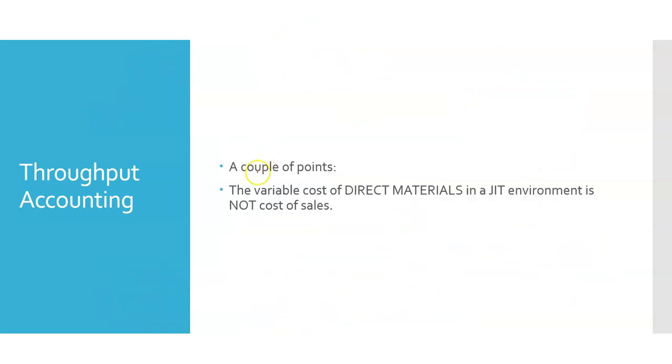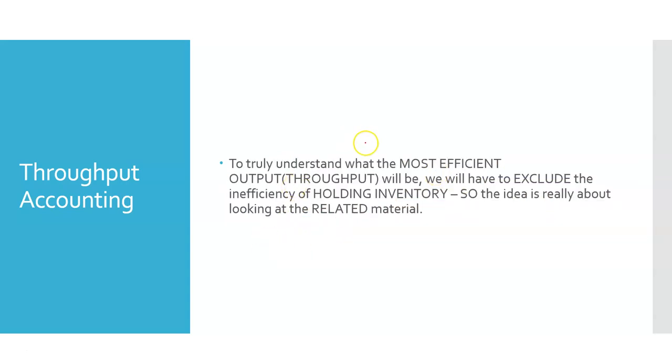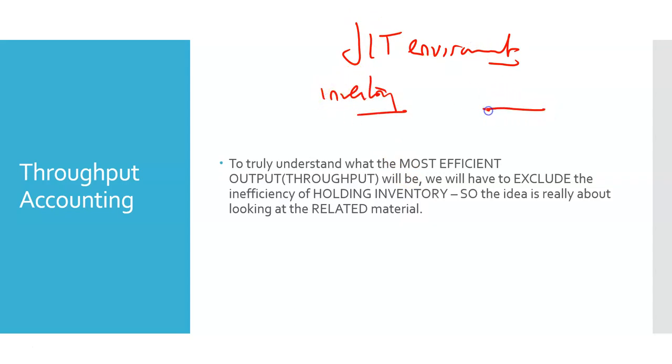So let's carry on, a couple of points. As I just highlighted, the variable cost of direct materials in a just-in-time environment is not cost of sales. I focus on it being just material because in a just-in-time environment, you must remember that we are not really holding any inventory. The whole idea is that we have good value chains and well-integrated networks, where our suppliers' value chains are integrated into ours.